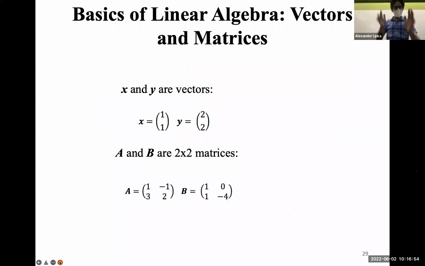The last part of this first set of slides before we take a break is a hopefully not too painful introduction to linear algebra. Let me come clean.